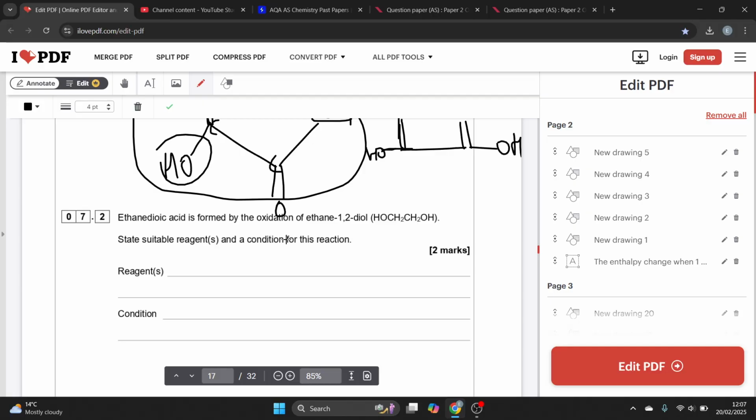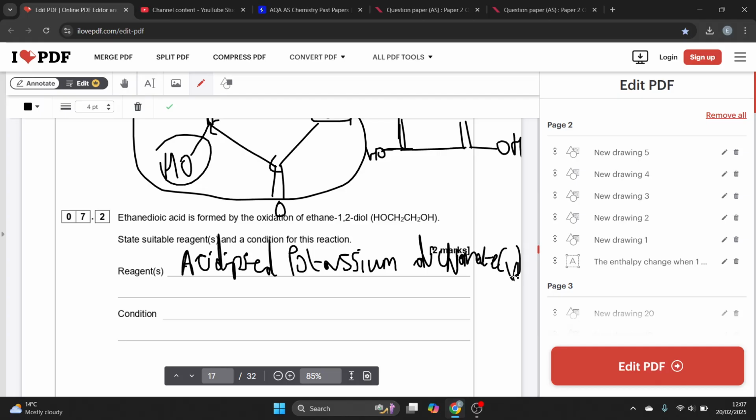So it's going to be acidified potassium dichromate(VI), to be even more specific. Now I don't think that's the hard part. I think most students, including myself, would struggle with the condition. What's the condition? It's reflux, and you do need to remember that reflux.